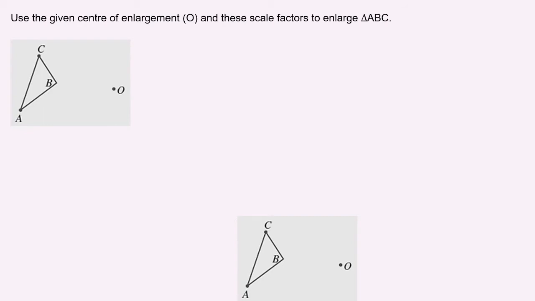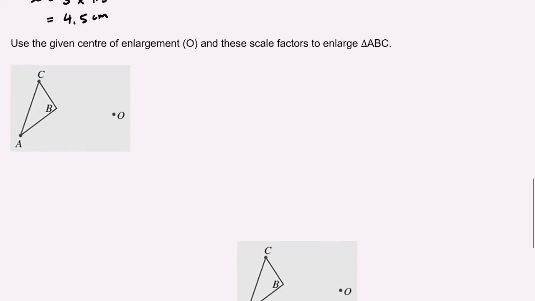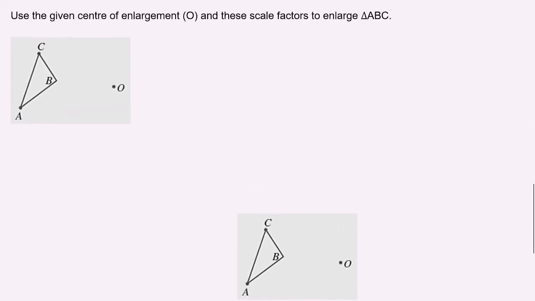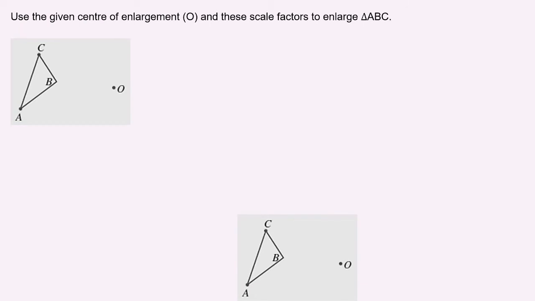What we're going to do is we're going to use some scale factors that I haven't actually included in that sheet, so I should probably put them in here. In our first one here, for A, we're going to use a scale factor of 1/2. And for our other one, we're going to use a scale factor of 3.